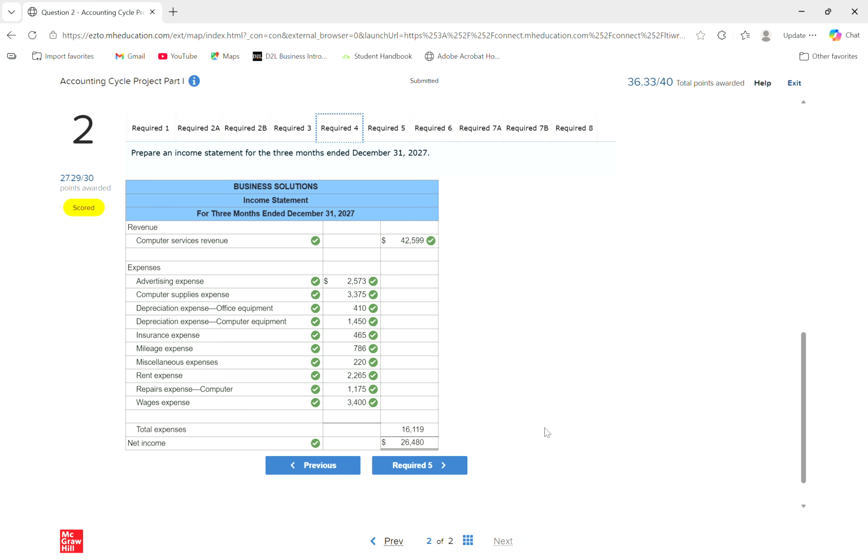For the income statement, for the 3 months that ended December 31st, 2027, total revenues were $42,599, and total expenses were $16,119. The net income was $26,480. This indicates that the company operated profitably.